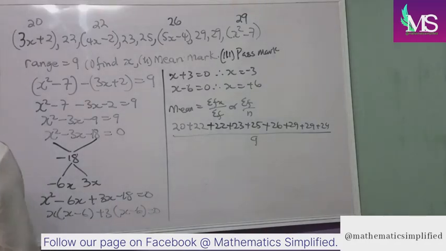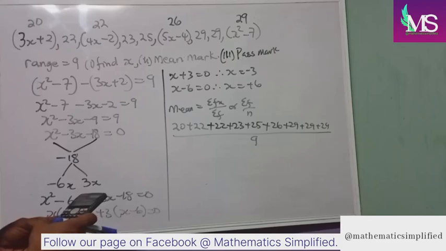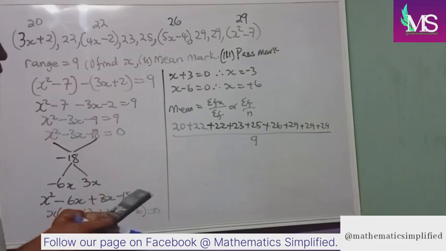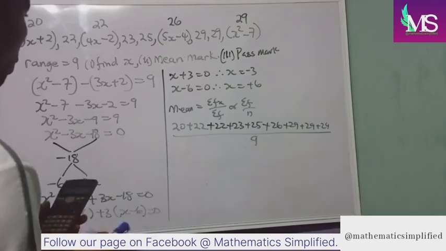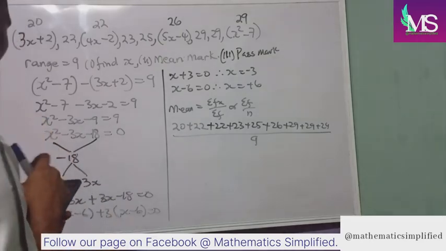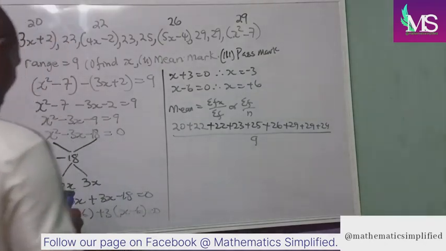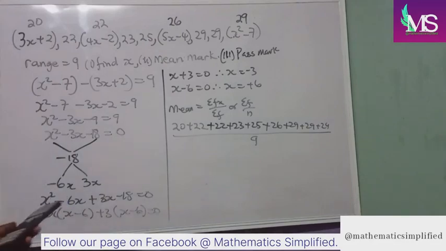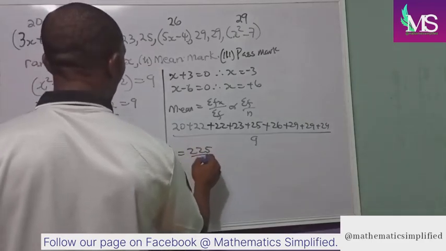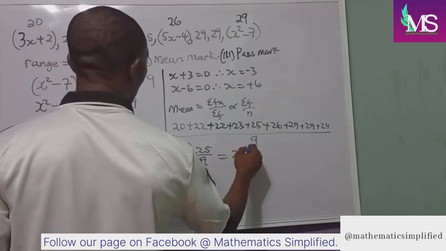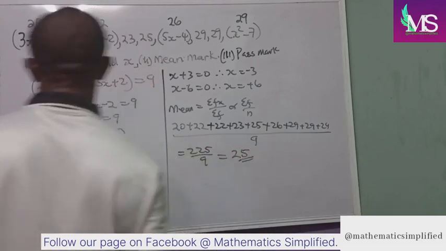That will give us 225, divided by 9 will give us 25. So our mean is 25.